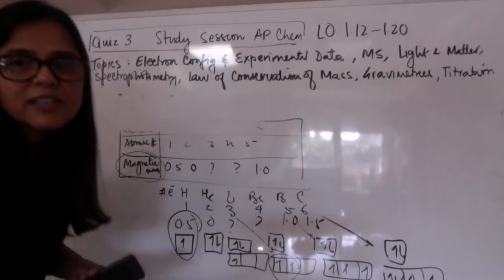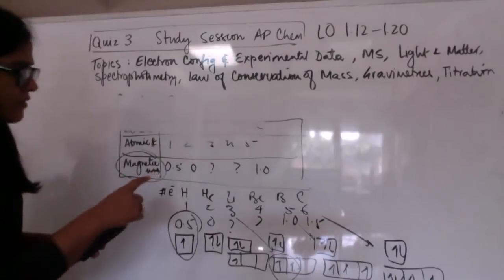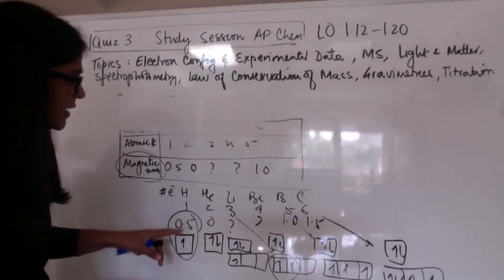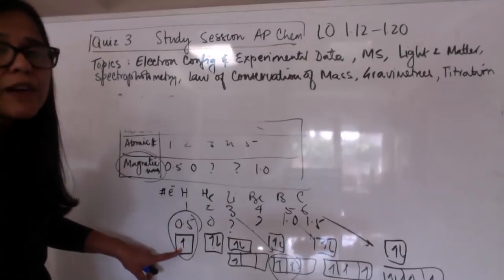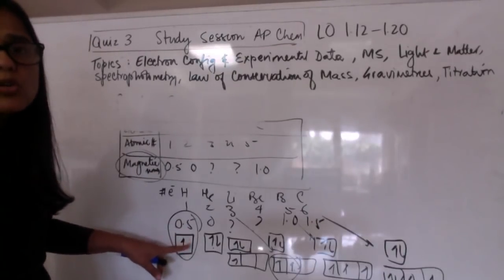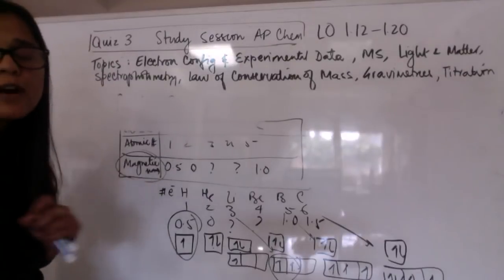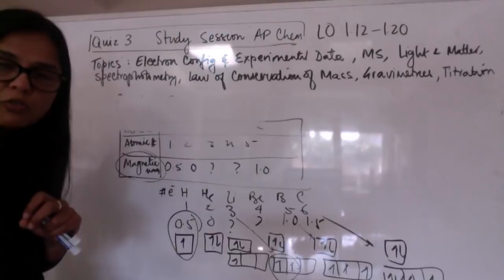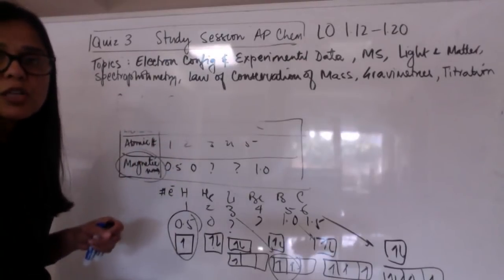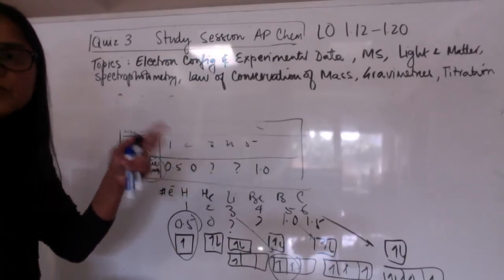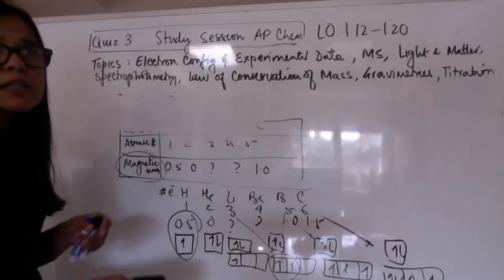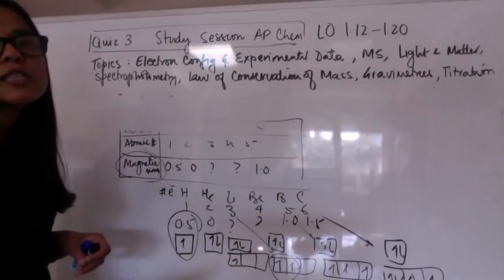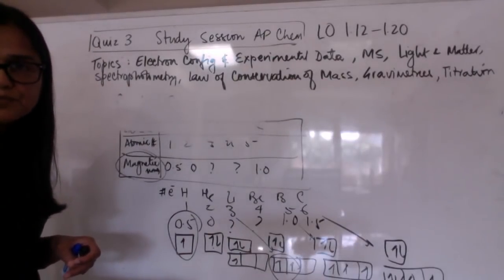So, Harshit, the idea is I wasn't careful in the data. I did not write all of the data. So the idea here is that when you see one unpaired electron, you got the magnetic moment of 0.5. When there were no unpaired electrons, magnetic moment was 0. And when there were two unpaired electrons, magnetic moment was 1. So you kind of saw that pattern that with increasing number of unpaired electrons, there is increasing magnetic moment.